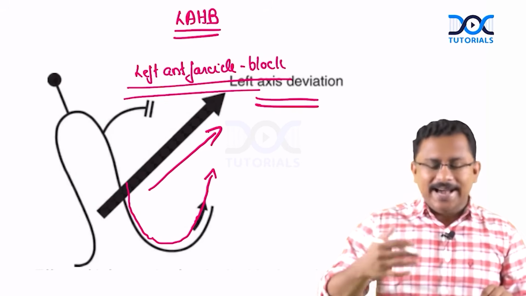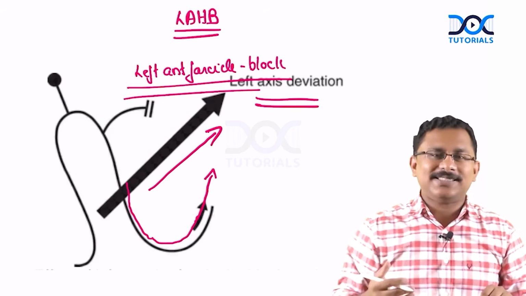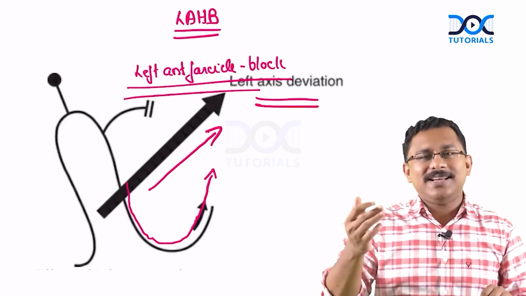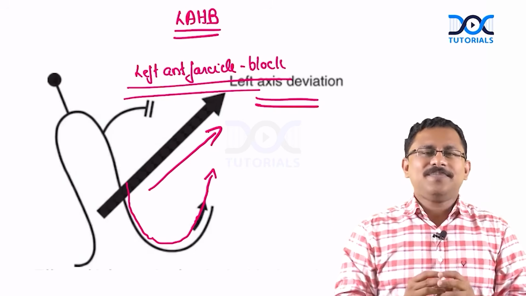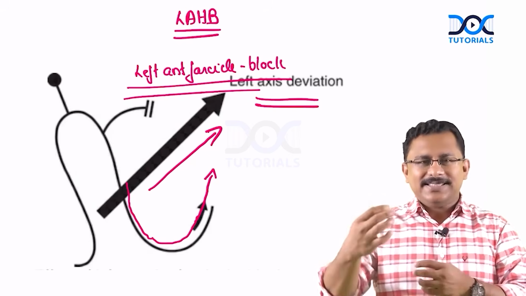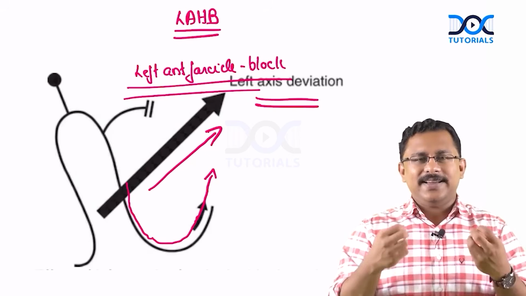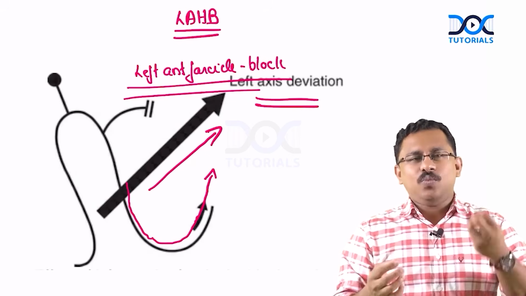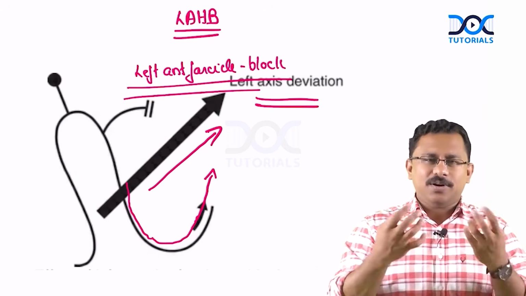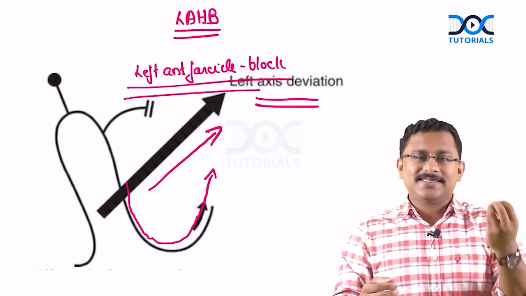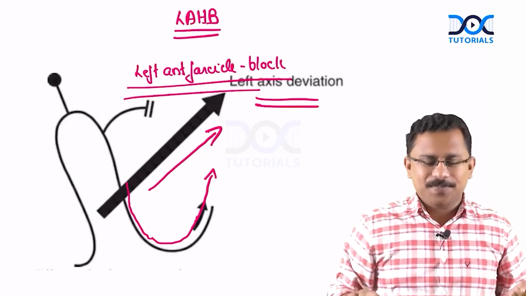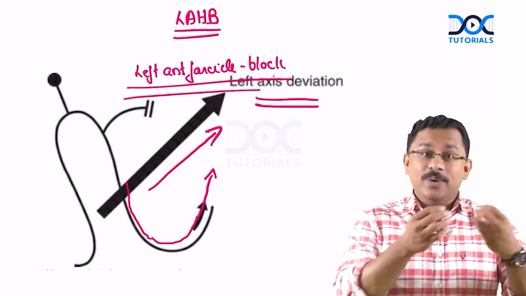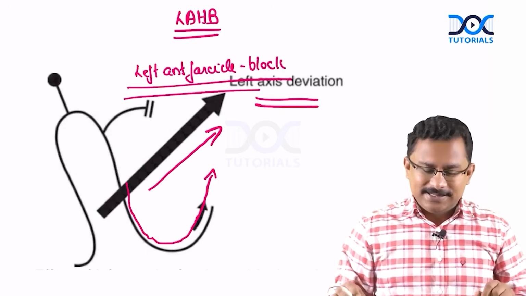So if it is the anterior fascicle, left axis deviation; if the posterior fascicle is involved, right axis deviation. In short, you can get a left axis deviation or right axis deviation depending upon which chamber of the heart hypertrophies or is under strain. That is how the axis is determined. The axis varies depending upon the pathologic conditions.